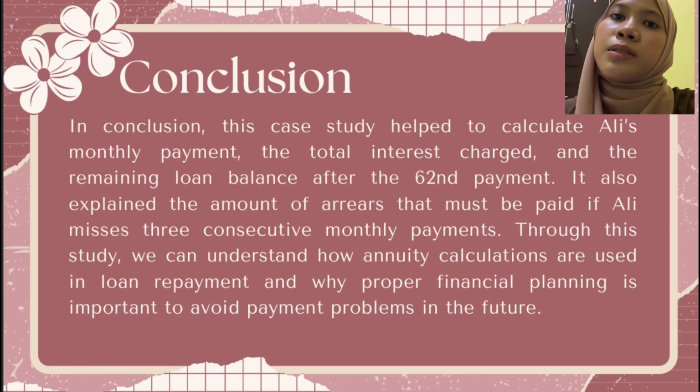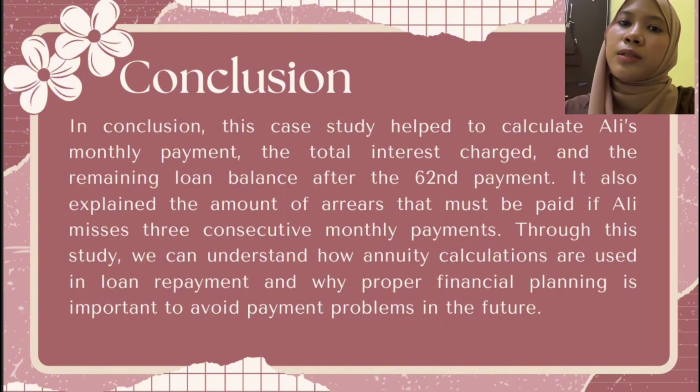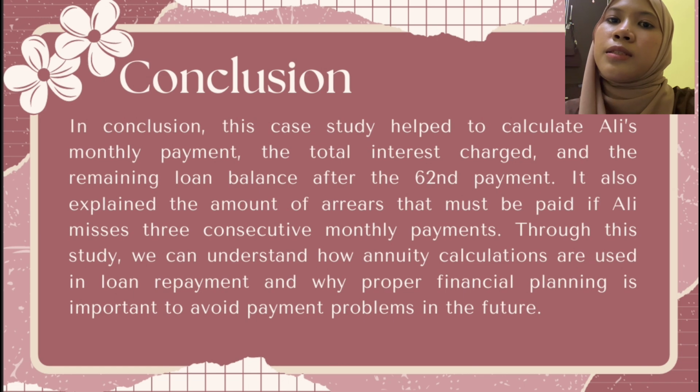In conclusion, this case study helped to calculate the monthly payments, the total interest charged, and the remaining loan balance after the 62nd payment. It also explains the amount of arrears that must be paid if Ali missed 3 consecutive monthly payments.